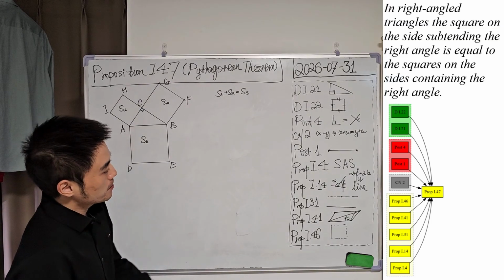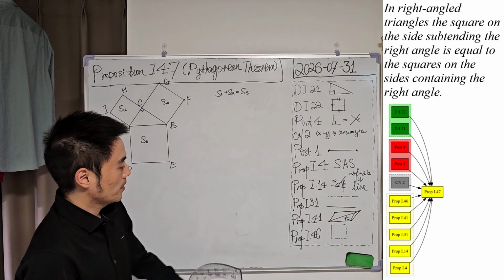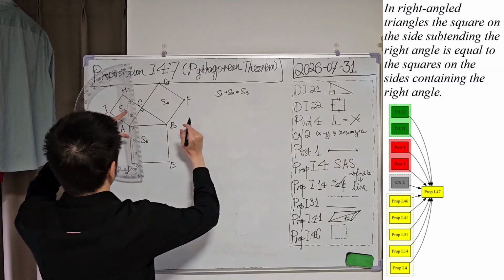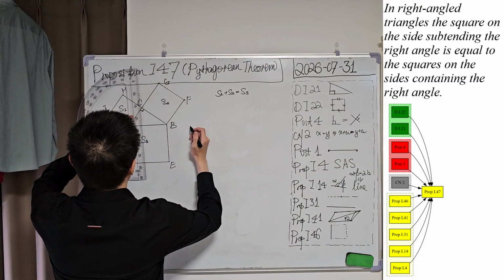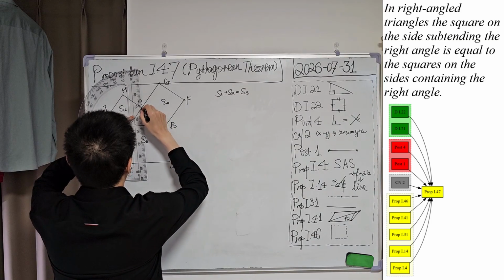Please think about proposition 31. We are able to construct a straight line that is parallel to a given straight line through a point not on it.